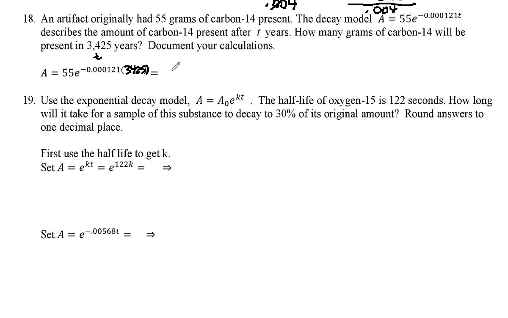So I typed that into my calculator, and I got approximately 36.3. And that's going to be grams. So that one is basically just a plug-in. Okay, so your number 18, that should be just a plug-in.